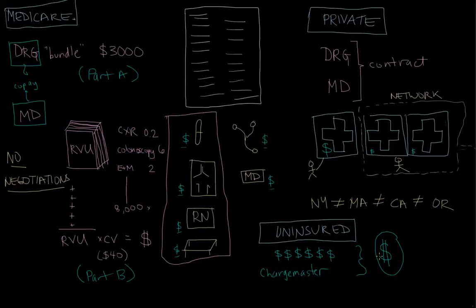So the highest prices are paid by the uninsured. I'll draw that up here. The lowest prices are paid by people on Medicare, and private insurers are somewhere in between. Anyway, that is a little bit of an introduction to what happens to your medical bill.